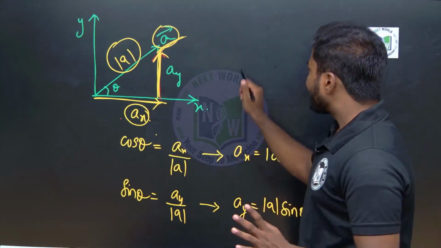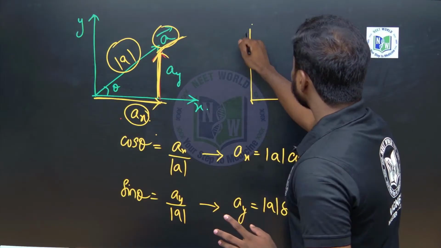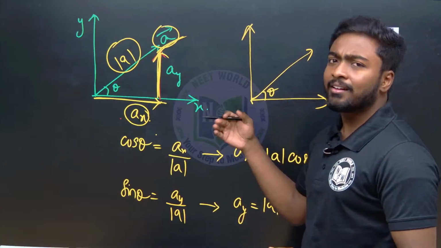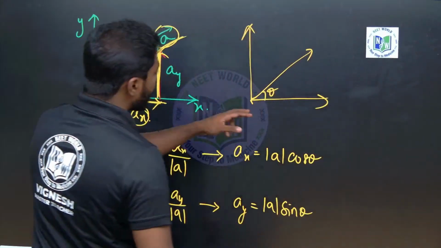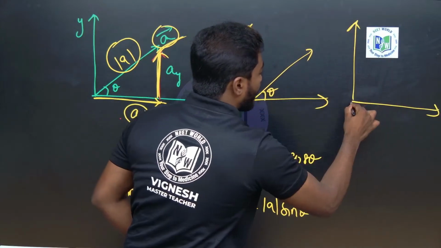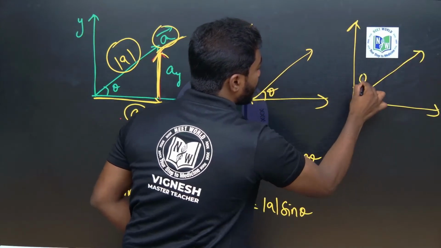Whenever there is a vector, an angle is made either with the x axis or the y axis. Consider a vector which makes an angle with respect to the y axis.